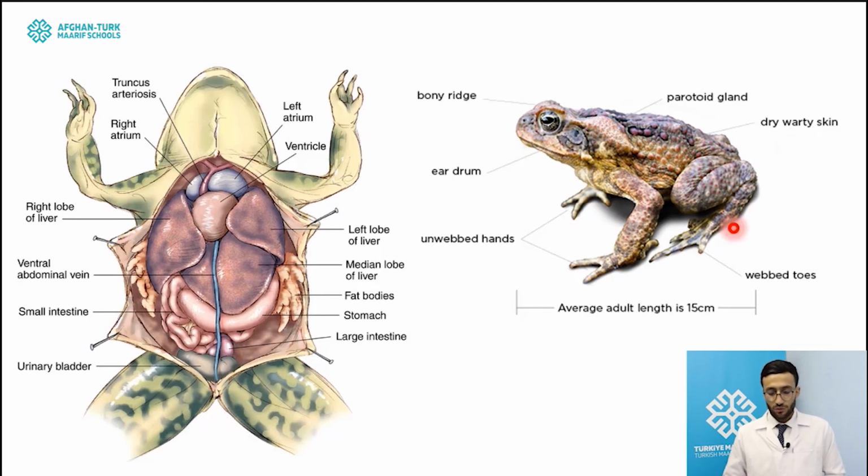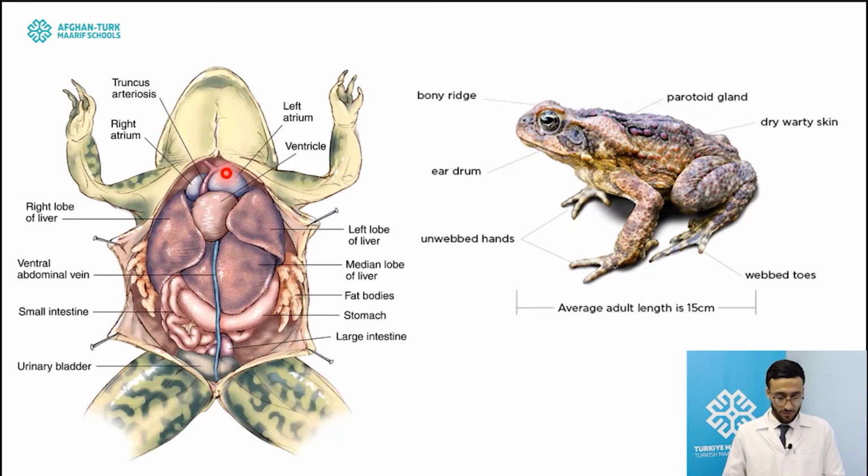Their two posterior legs, or webbed toes, are really important because they are strong and used for swimming or jumping. If you want to talk about the internal body parts of the frog, you should know that these animals are bilaterally symmetrical, because you can divide them into two equal regions.